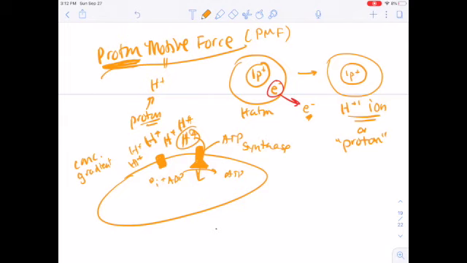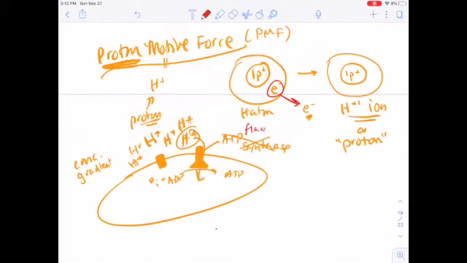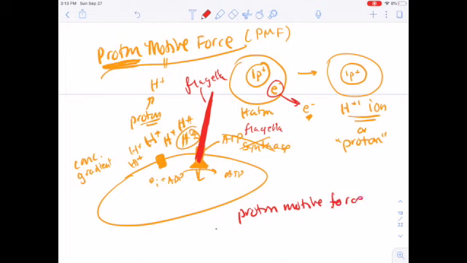Only in the case of a bacterial flagella, instead of ATP synthase, it'll actually use a flagella, and it'll make the flagella whip around. So let's envision this as a bacterial flagella. This is called a proton motive force. It's the flow of protons across a membrane to generate energy.